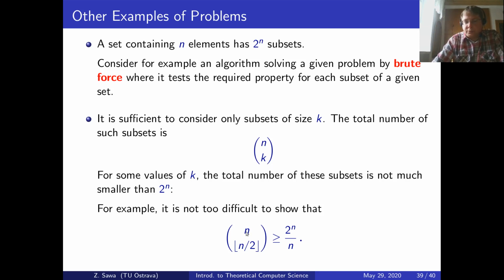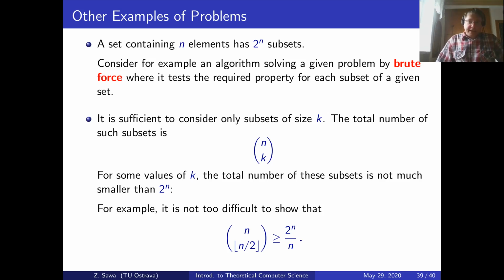For example, if k is n divided by 2, it can be shown, we will not do it formally now, that it's at least 2 to n divided by n. So it's not so much smaller than 2 to n. So such a brute force algorithm is not very efficient if the graph will be big.